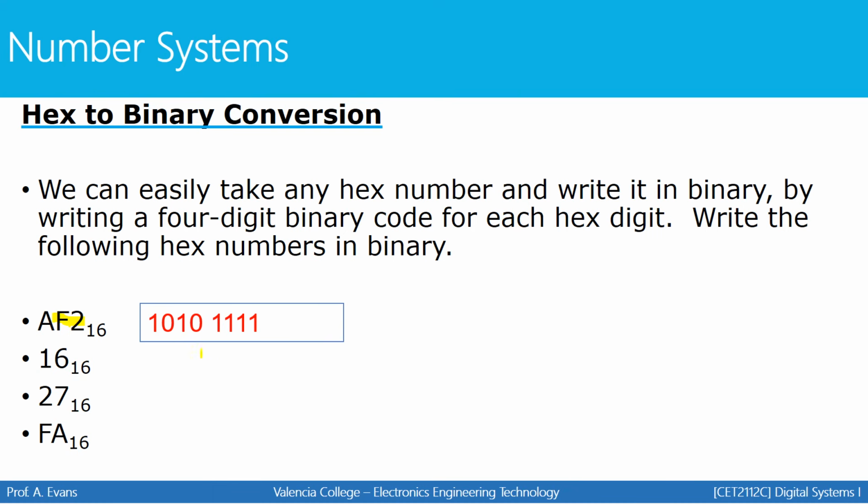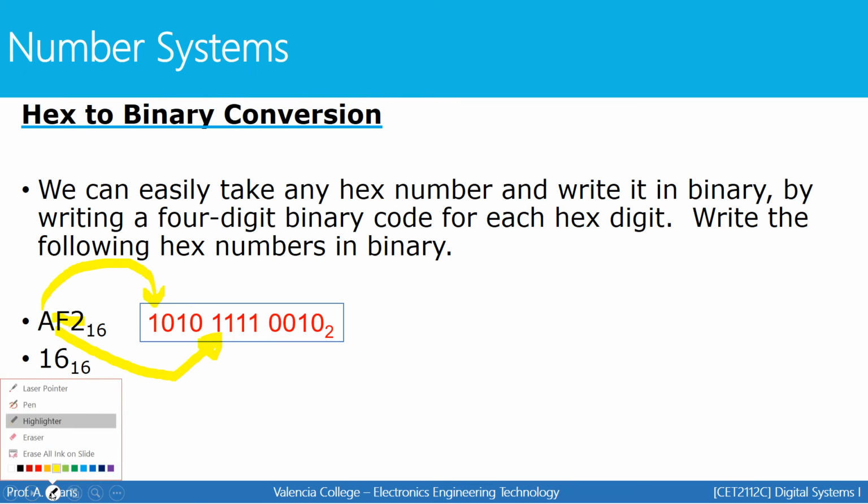So that's how I get 1111 for the digit F. And then 2 in hex is the same thing in decimal, it's 2. And in binary, 2 is a 0010. So each group of 4 comes directly from the hex digit you see there. And this is how we go from hex to binary.